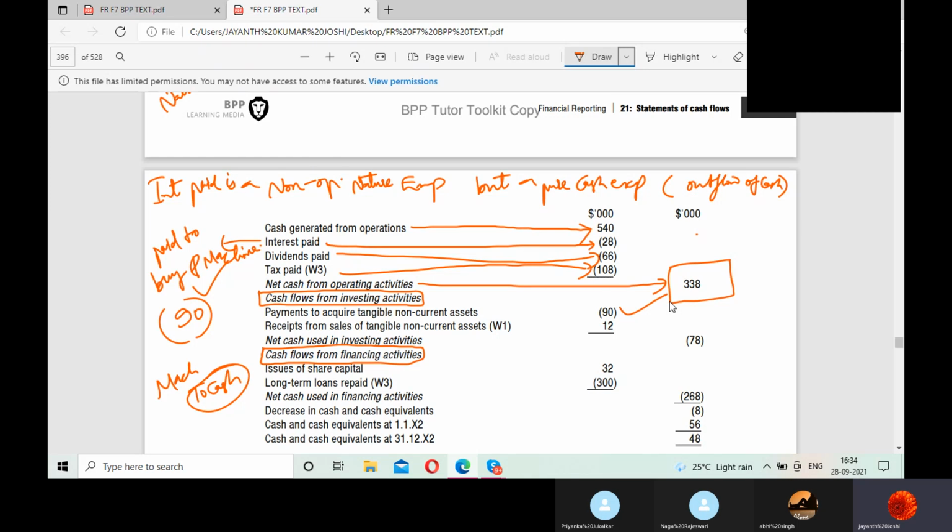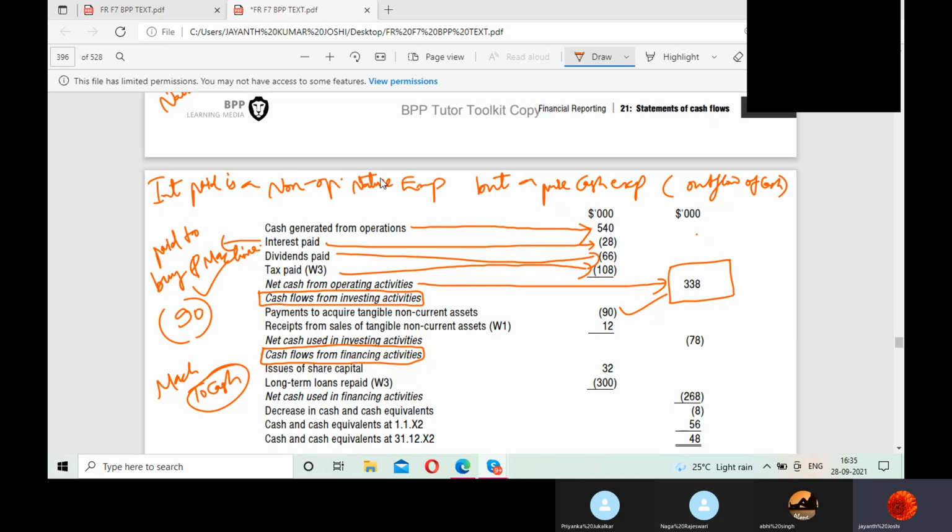We will take the previous year ending balance, we are going to see what are the sales and purchases that have happened in this year, and we are going to see at the end what is the balance which is left over in our non-current asset account, which would help us to decide on sale or purchase at the end of the year.